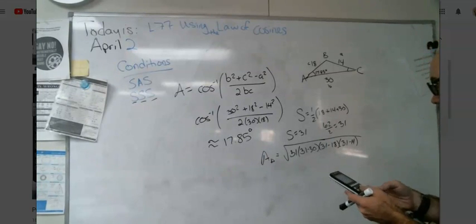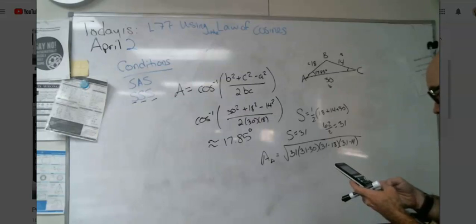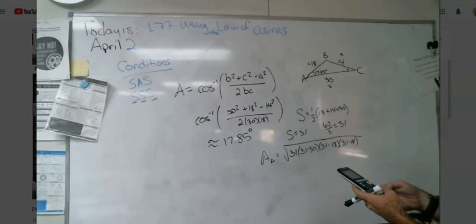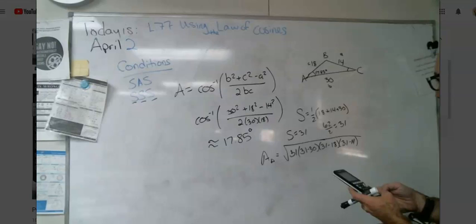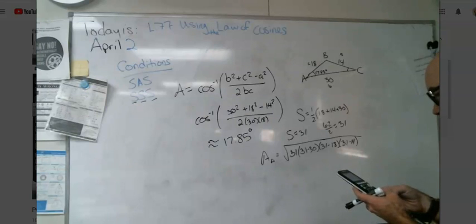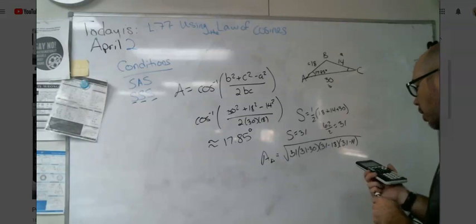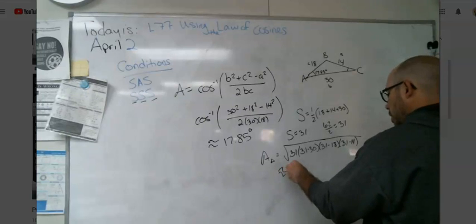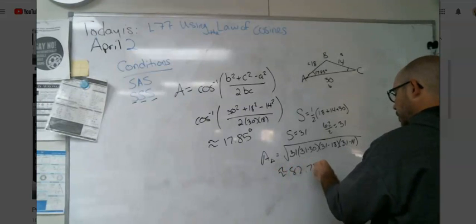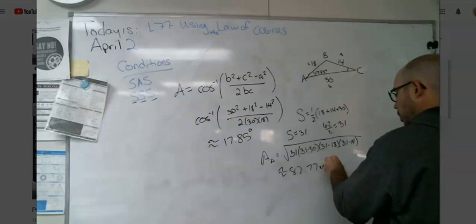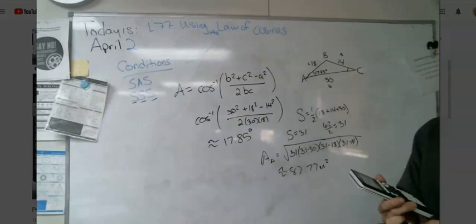So big square root, 31 times, looks like 1 times, what's 31 minus 18? That's 13. And 31 minus 14 is 17. And I get an area of approximately 82.77 square units.